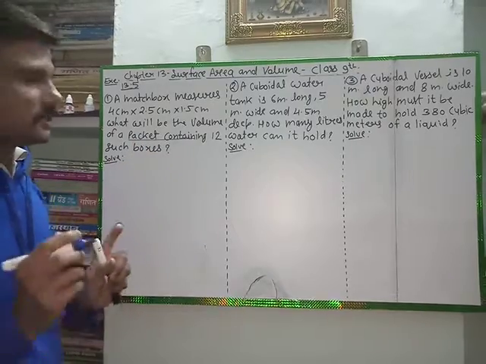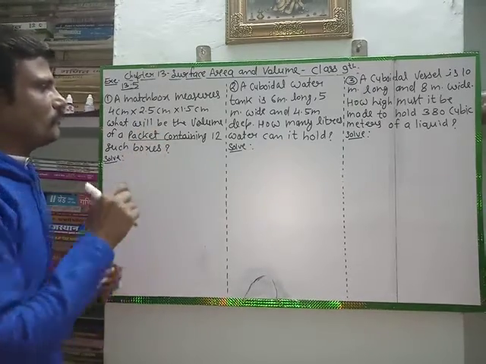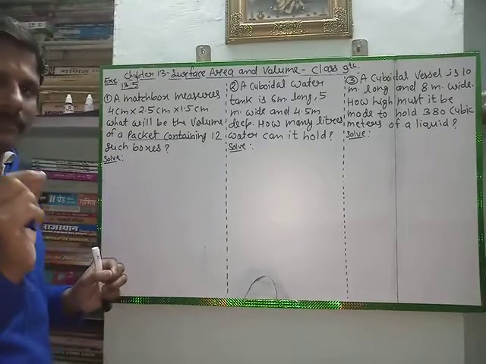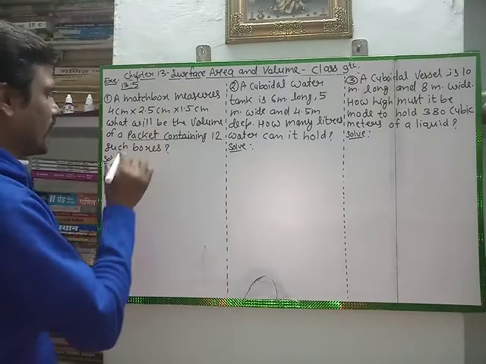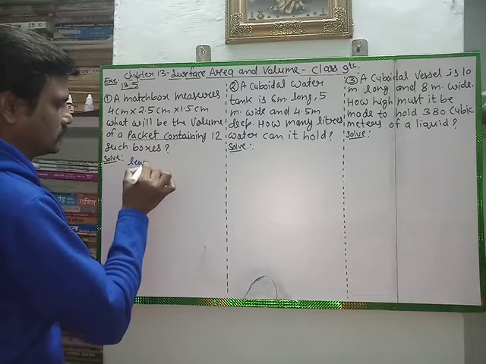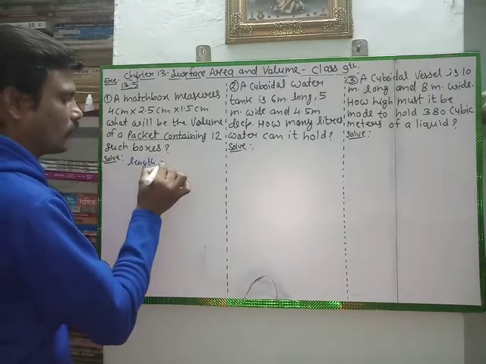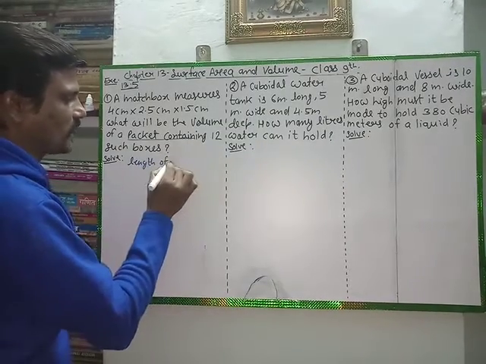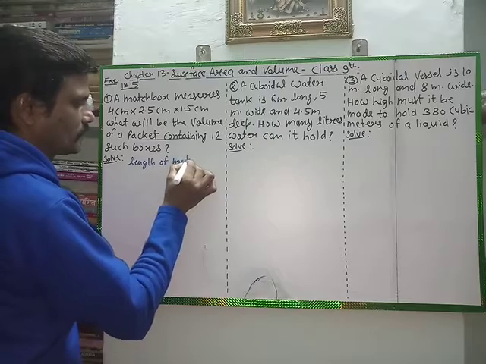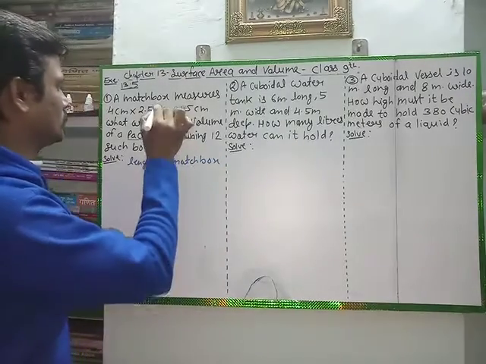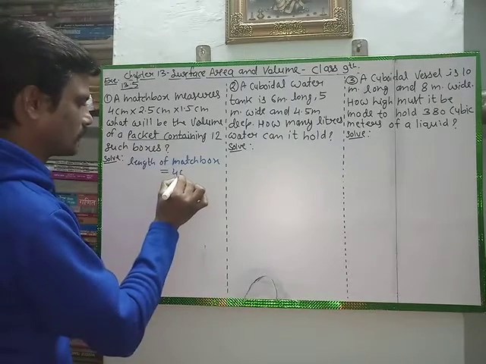then we can find out the volume of that box easily. So first of all we will calculate the volume of one matchbox. Length of matchbox L is equal to 4 centimeter.